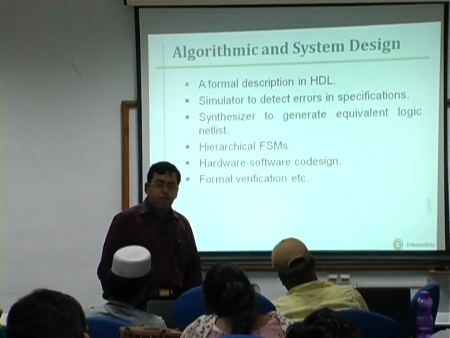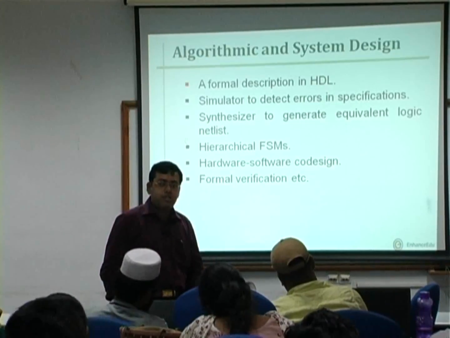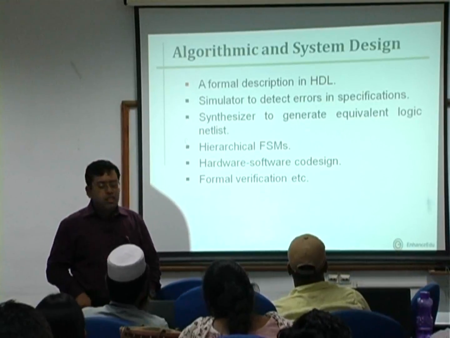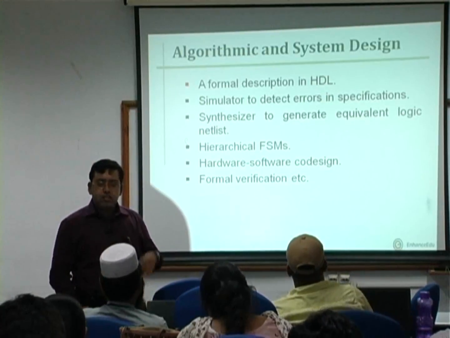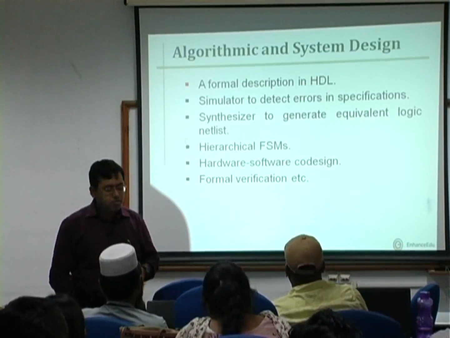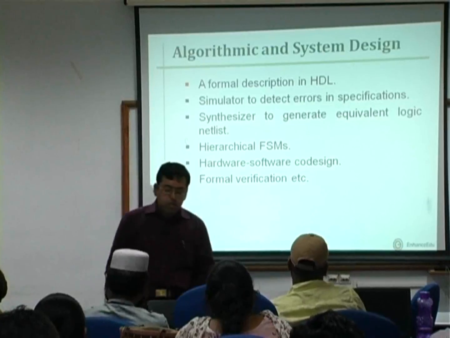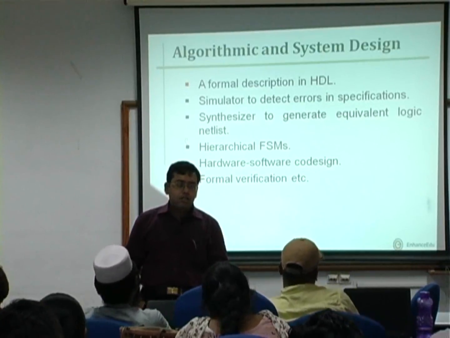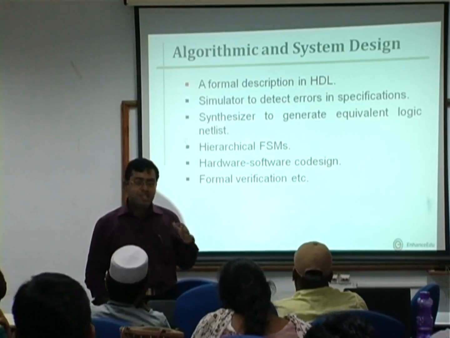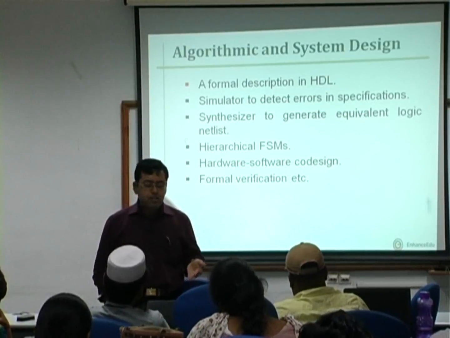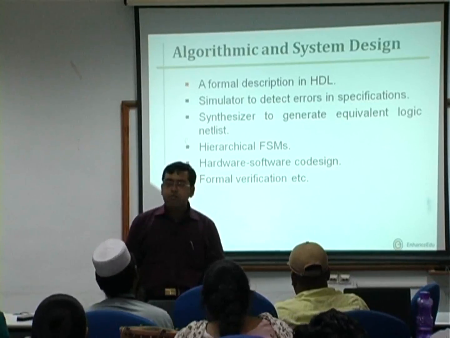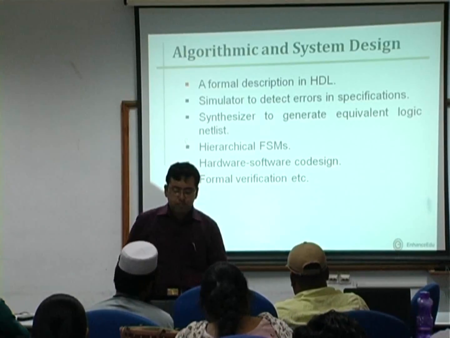And once you formalize your specifications about the system, you use a simulation engine to detect whether there is any error or flaw in the specification or not. Once you are confident enough about your design, you use a synthesis tool or a synthesizer to generate an equivalent logic netlist.